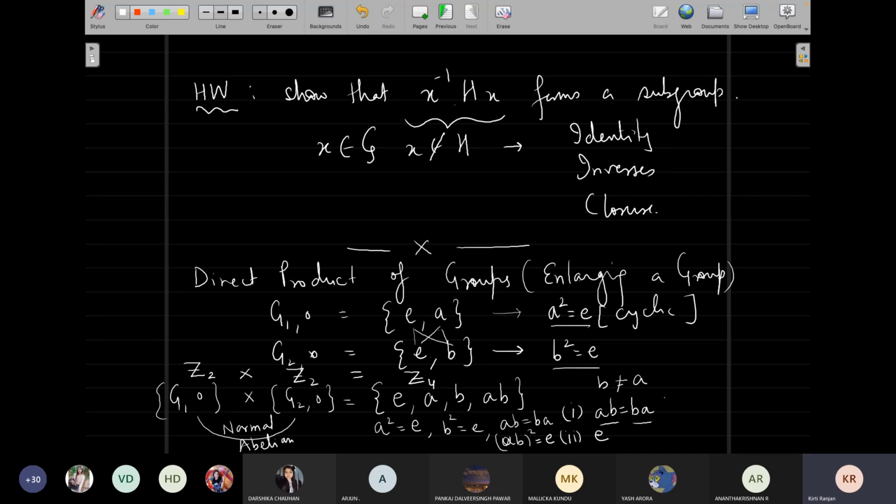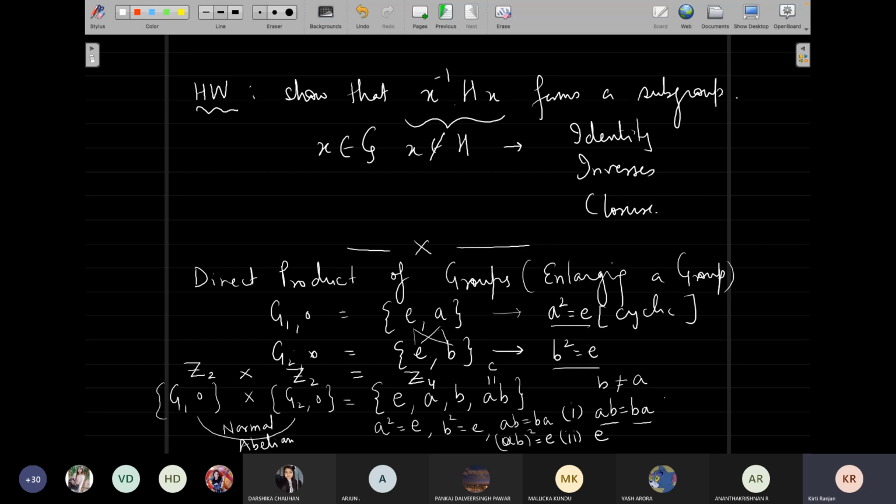Each element has A square equal to E, B square equal to E, and AB square equal to E, and this AB is equal to C. If you remember, when I asked you to find the group structure for a 4 element group, this was one of the groups you formed. I wrote at that time Z4 is nothing but Z2 times Z2. At that time I said I am keeping it reserved, and now I am going to open it.